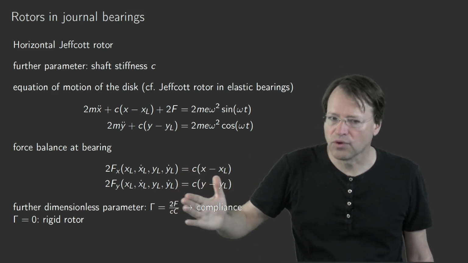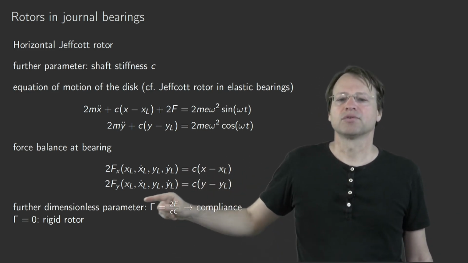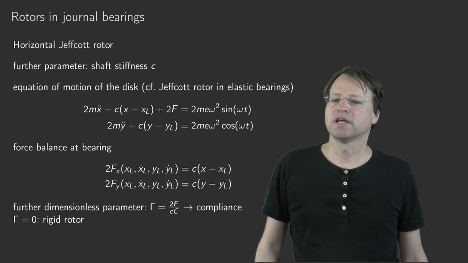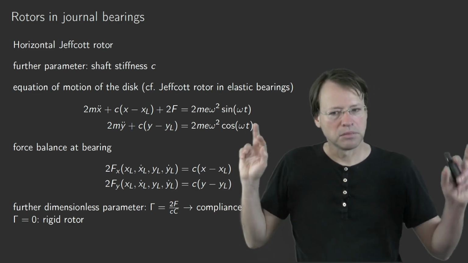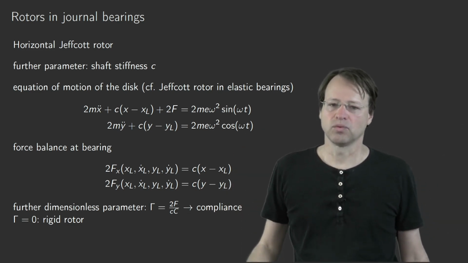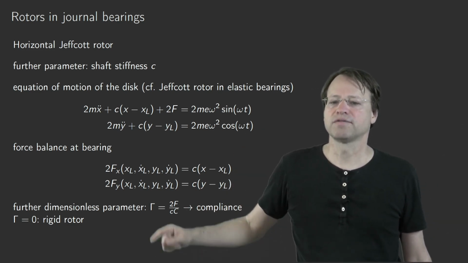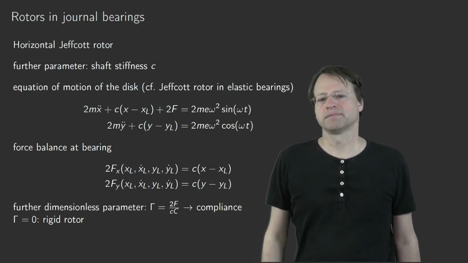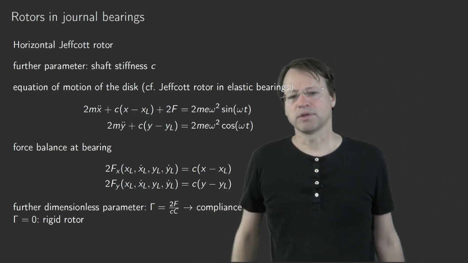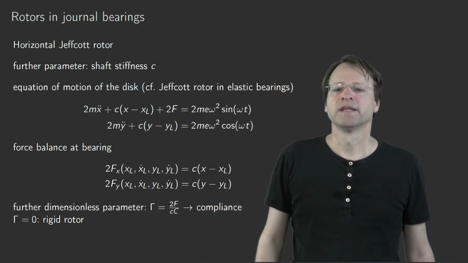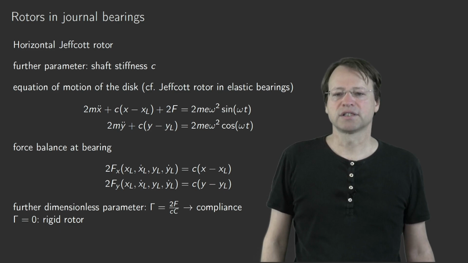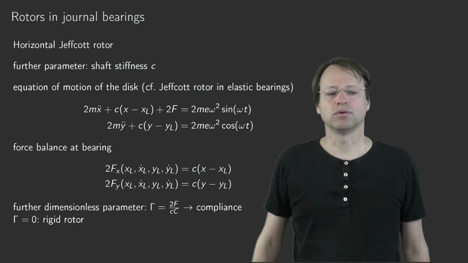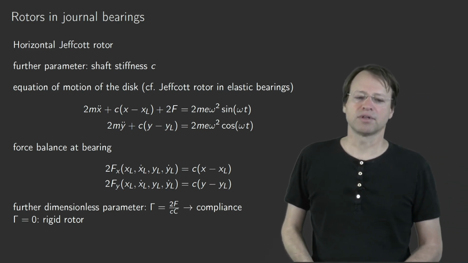The deviation from the model we studied before is represented by values of gamma larger than 0. If the stiffness C is infinity, so very, very large, you would have a gamma value of 0, as gamma measures the compliance. That would be a rotor that is not very compliant, not very flexible. And if gamma takes on high values, then you have a very flexible rotor. That is the idea of the parameter gamma.